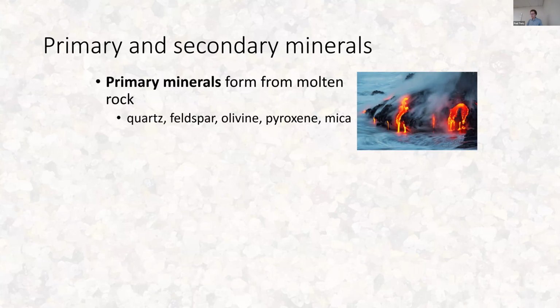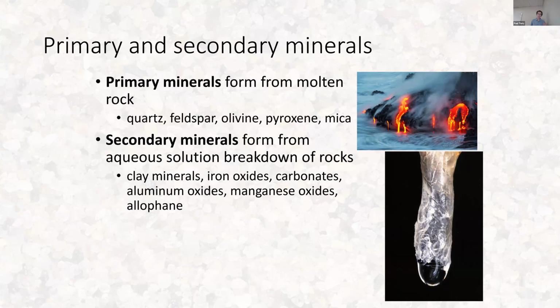And then the secondary minerals are the ones that result from erosion or some kind of breakdown of existing minerals. And this is really where clay comes from. Clay in the first place is a secondary mineral, we could say. But then all these iron oxides that give us distinctions, these subsurface horizons, and carbonates themselves are secondary minerals. These are just some of the examples that he's going to talk about.